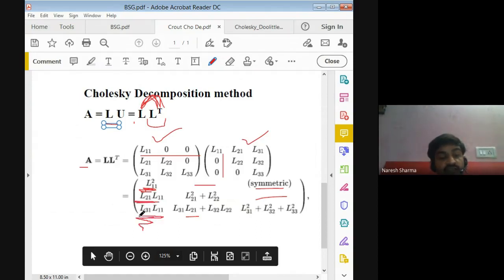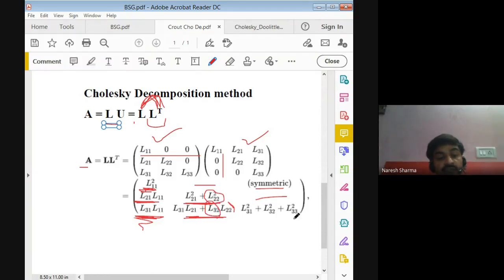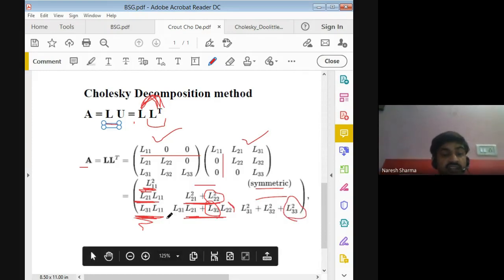From this, you get L31. Now you can use this and get L22. From this, you get L32. And from this, you get L33. So once you get all these, you have the value of L and also L transpose.